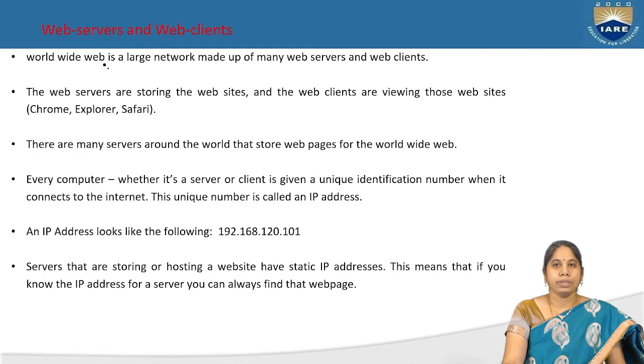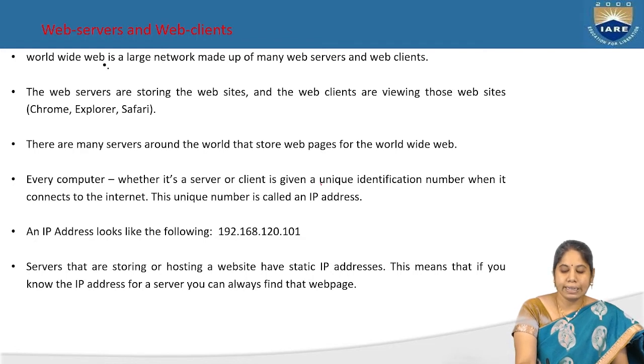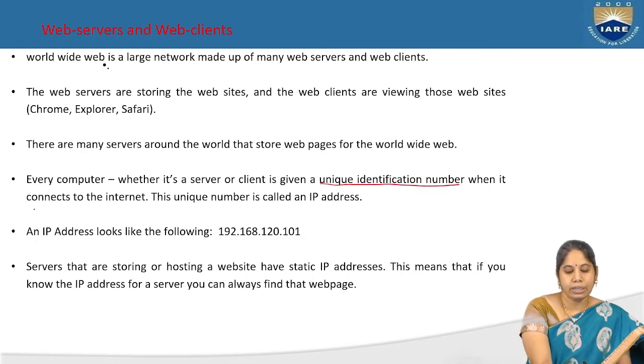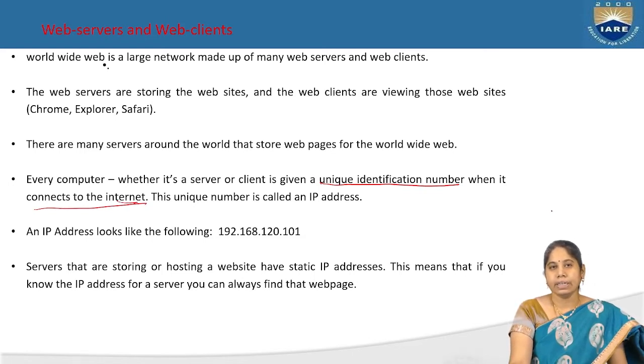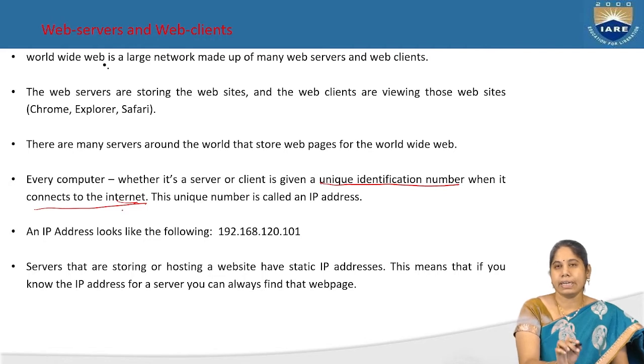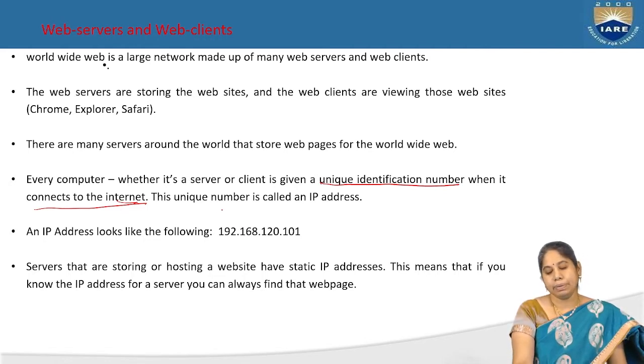Every computer, whether it is a server or a client, is given a unique identification number when it connects to the internet. Any computer that wants to communicate does so using this unique identification number. This unique number is called an IP address.